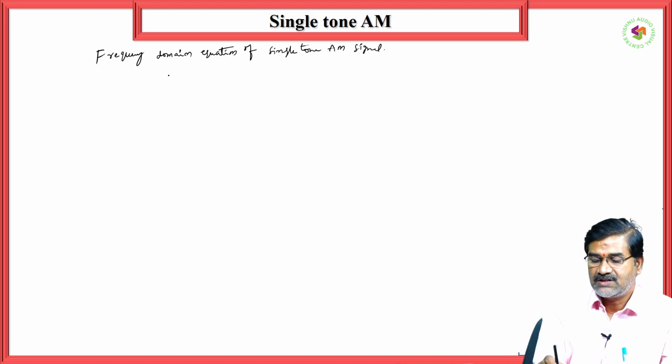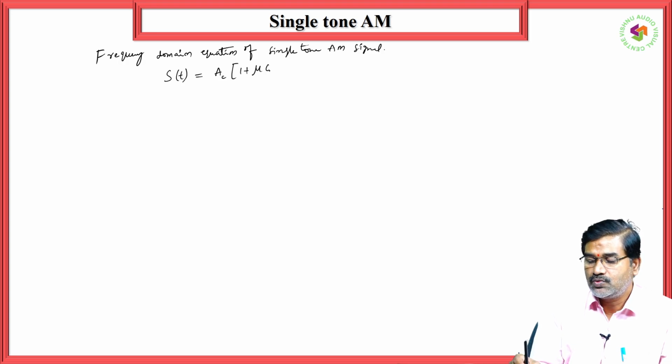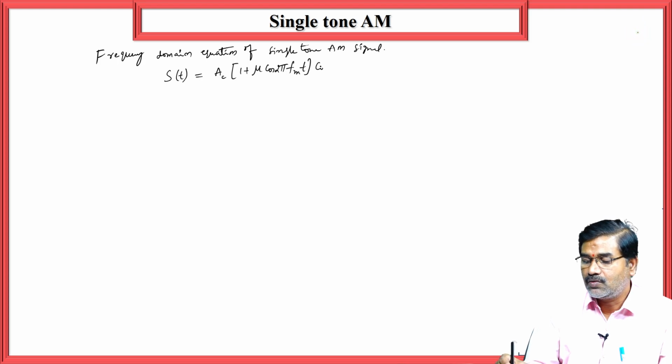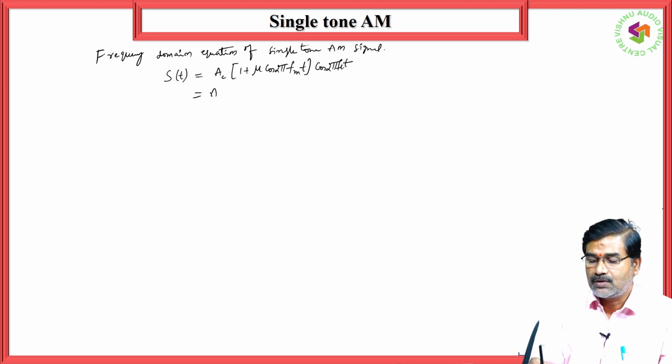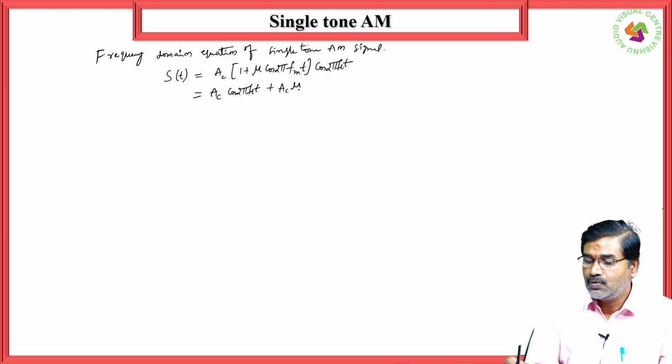Now if you consider the single tone AM signal in time domain, S of t is Ac into 1 plus mu cos 2 pi fm t into cos 2 pi fc t. So Ac cos 2 pi fc t plus Ac mu cos 2 pi fc t into cos 2 pi fm t.